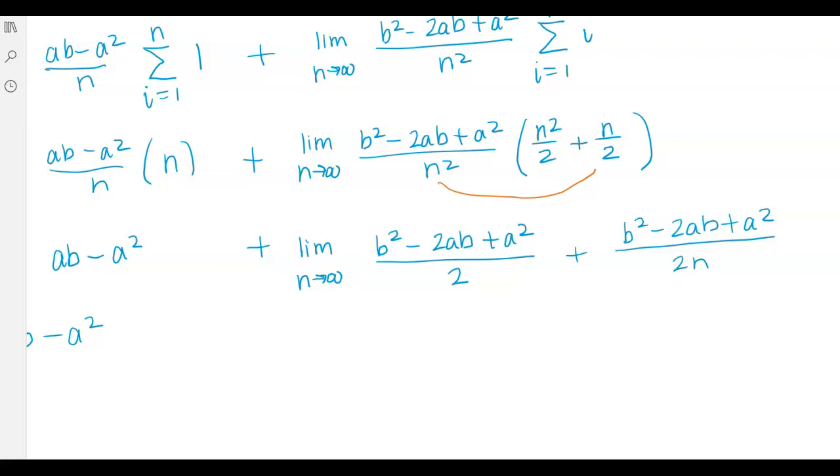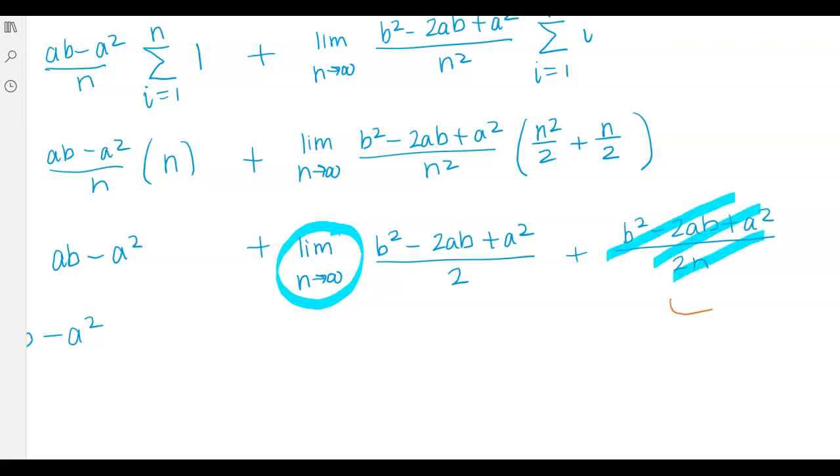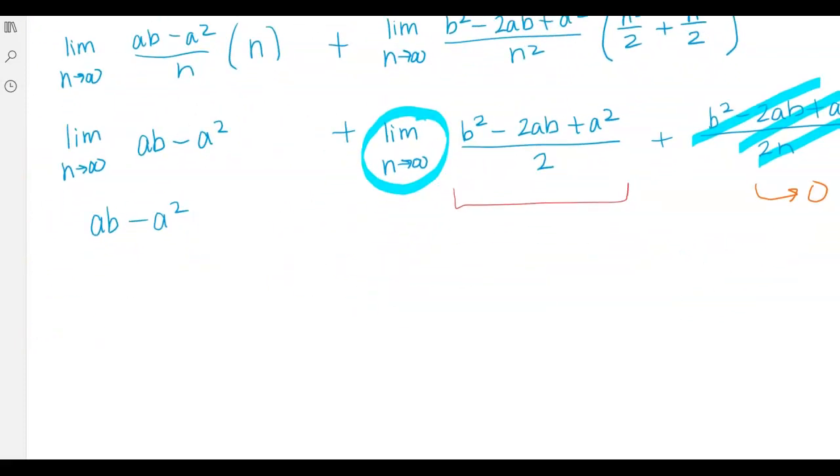The reason that this is significant is because we're taking the limit as n goes to infinity, and so this whole thing is going to approach 0 because I've got that n in the denominator. So now I really only need to consider this part, and since there are no n's in it, I can say that it's just going to be b squared over 2 minus ab, and then plus a squared over 2.